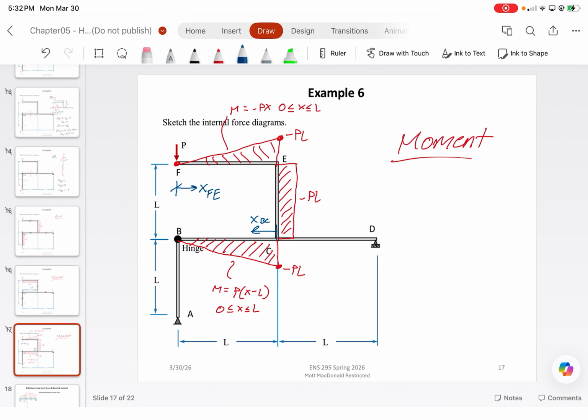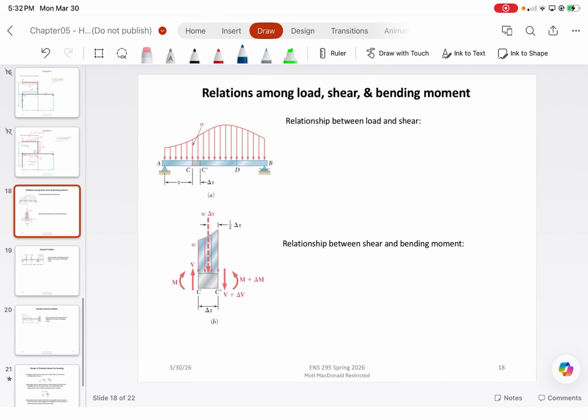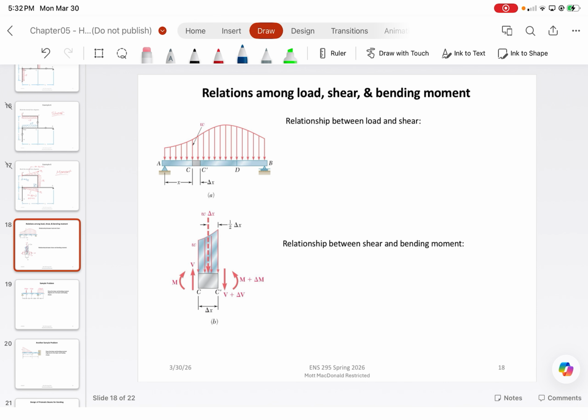So the shear force V is just equal to the slope of the bending moment with respect to X, and the bending moment is just equal to the integration of V with respect to X from 0 to L.